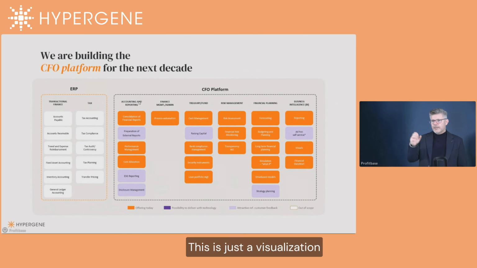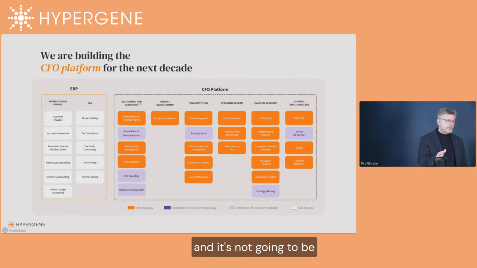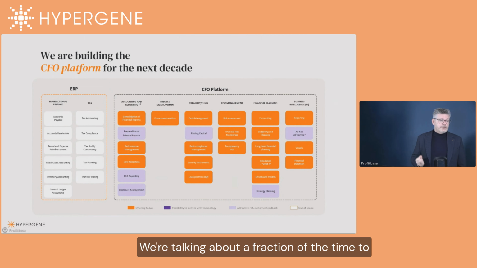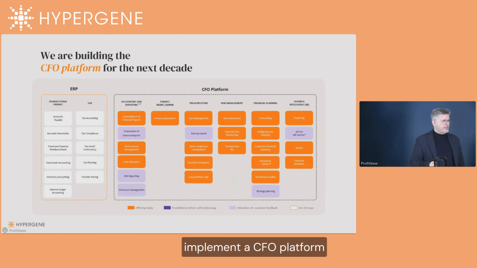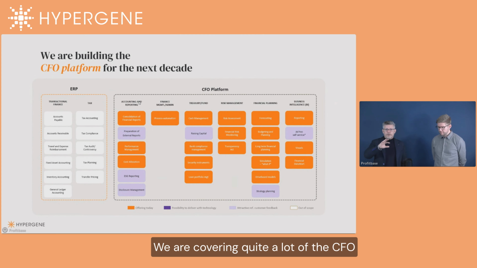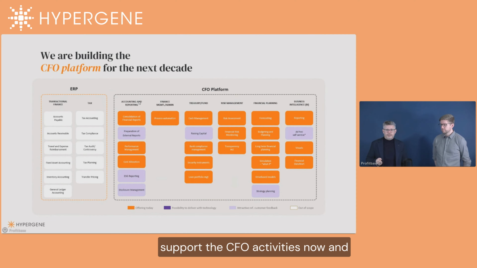This is a visualization coming originally from Gartner with all the CFO activities. We're not going to be an ERP system, and it's not going to be an ERP implementation either. We talk about a fraction of the time to implement a CFO platform versus an ERP system. We cover quite a bit of the activities of a CFO, not all, but our goal is to build the strongest and best CFO platform and to support the CFO activities now and in the future.